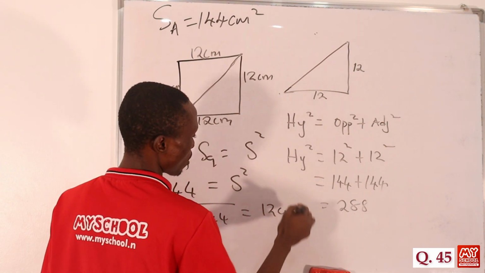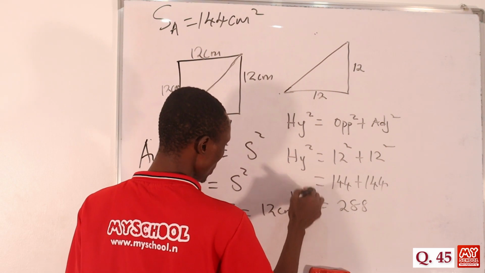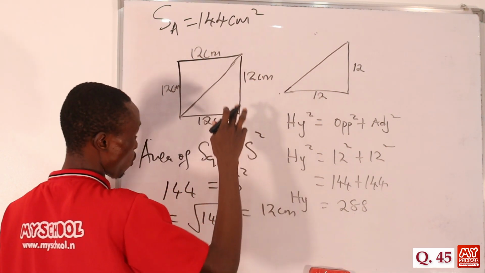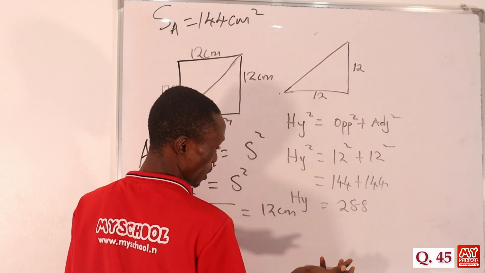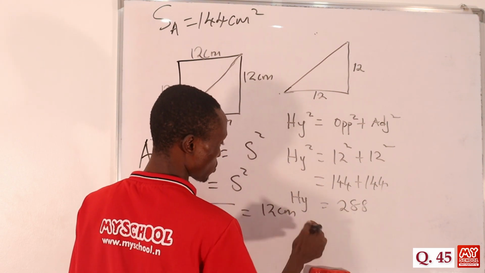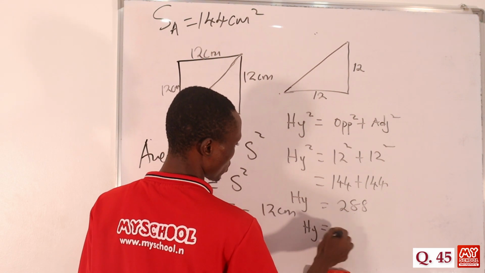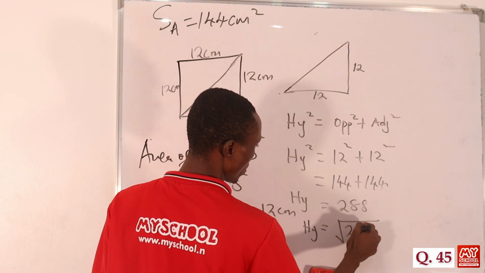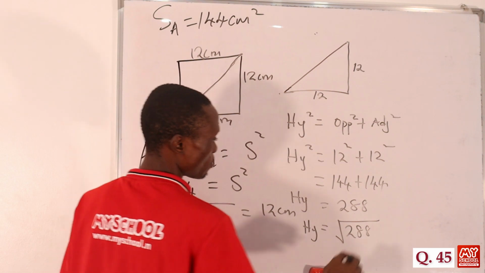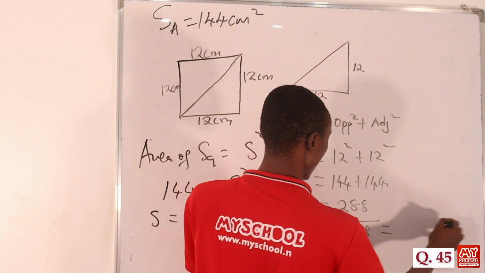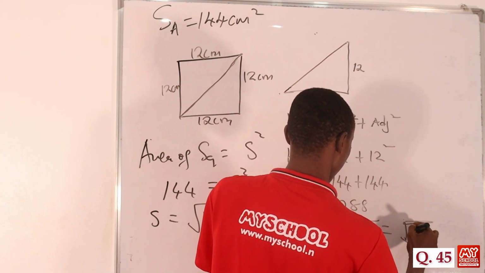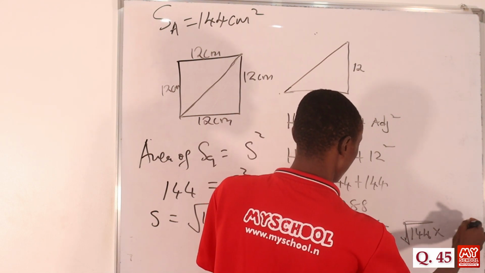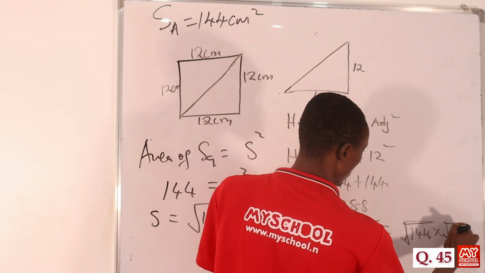If we add these two together, we'll have 288, right? Now our h, the hypotenuse, which is the diagonal of the square, we have to take the square root of both sides. So the length of the hypotenuse now becomes the square root of 288. But remember that 288 is still equal to 144 times 2, so root 144 times root 2.